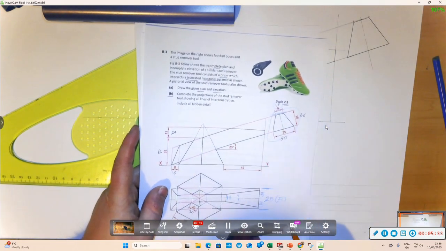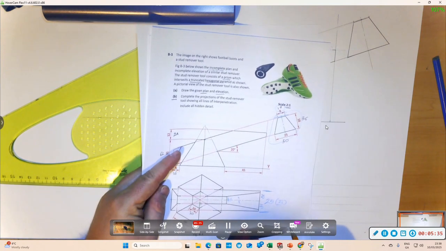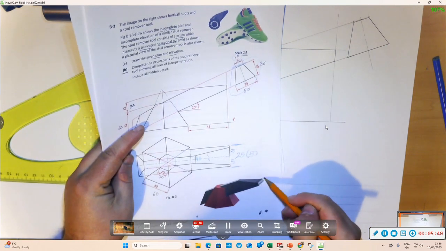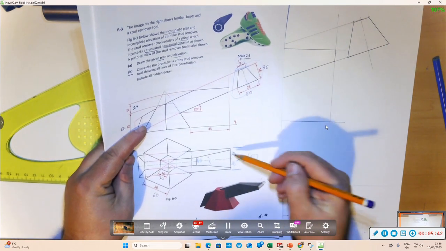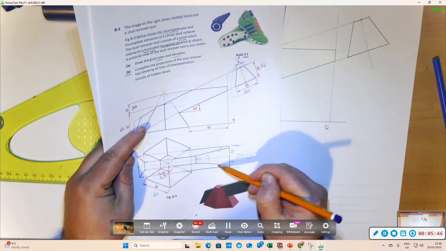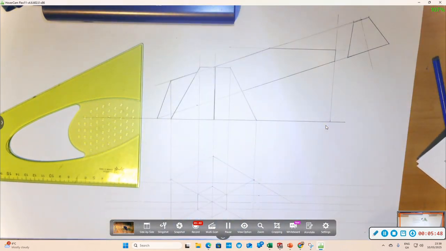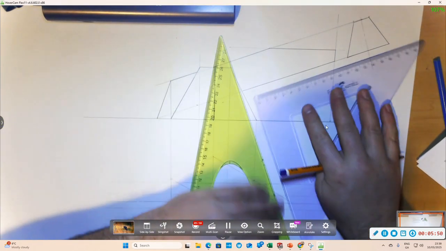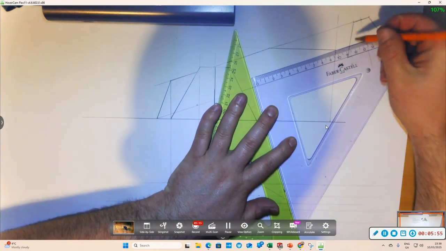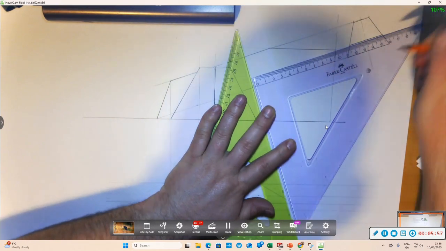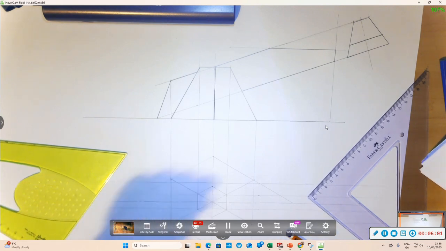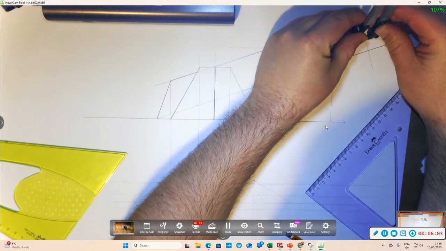So, how do I get this line here in our cross section to be able to complete these two lines in plan, right? So I can bring this point up here. I can then get my compass, so I can take this distance with my compass.